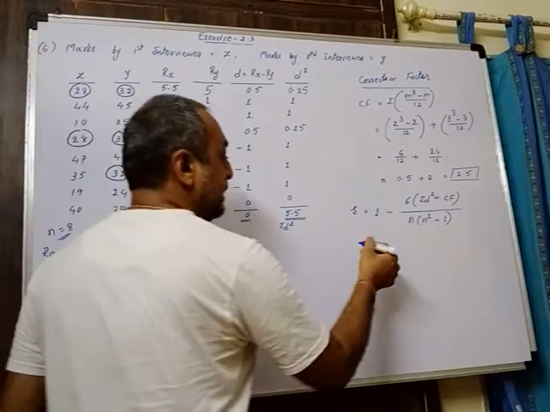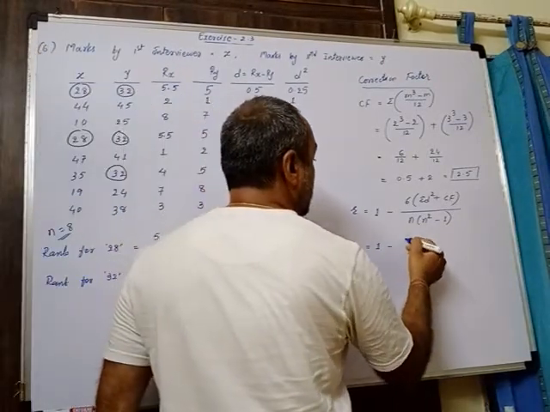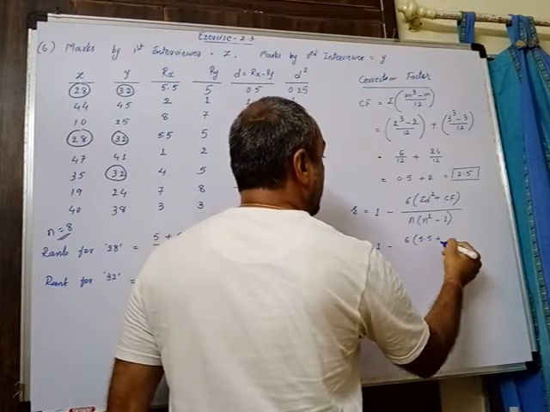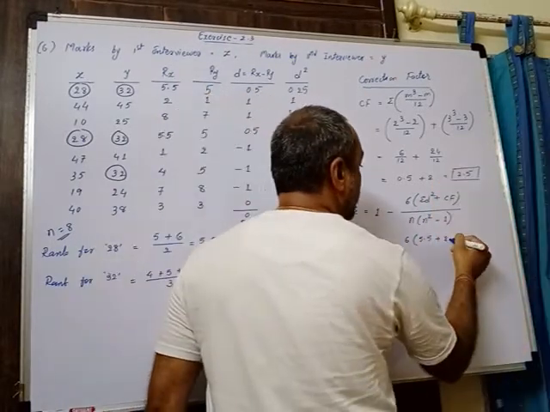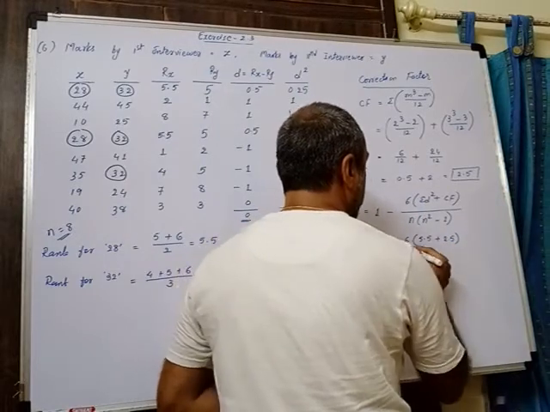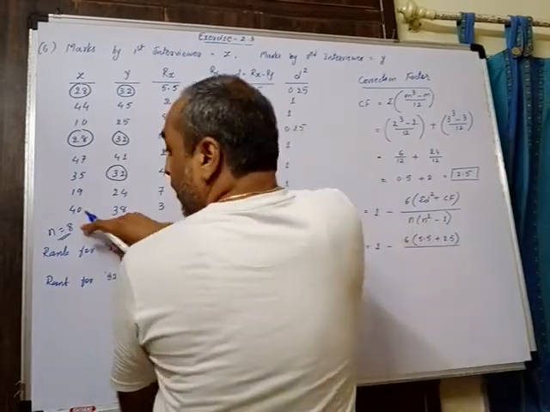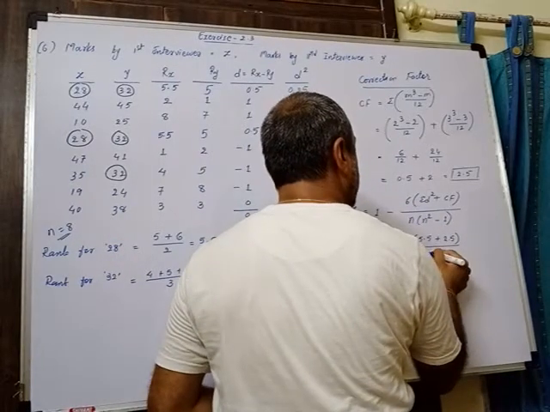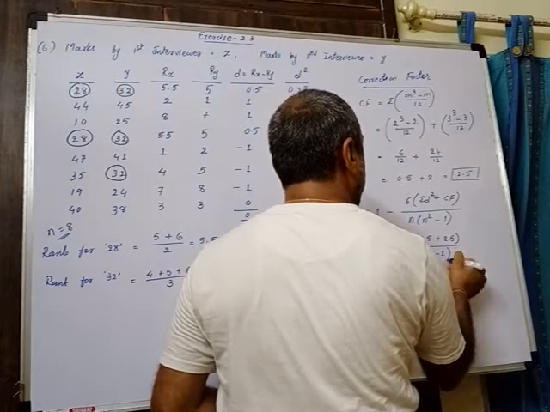Now we'll replace that value over here. 1 minus 6 into the sum of d square, which is 5.5, plus CF we got 2.5, divided by n. N is 8, so 8 into (8 square, 64, minus 1).